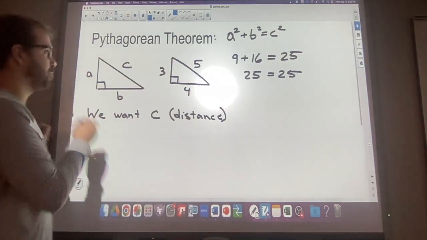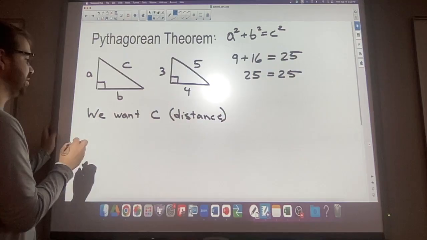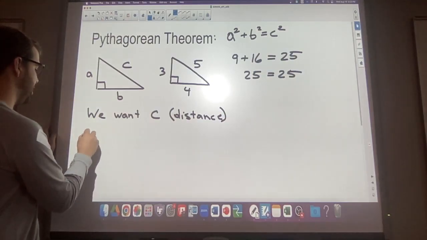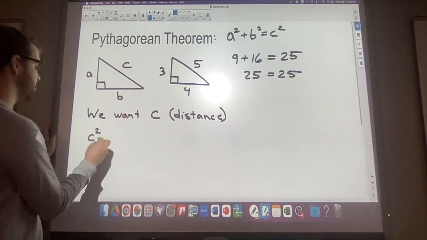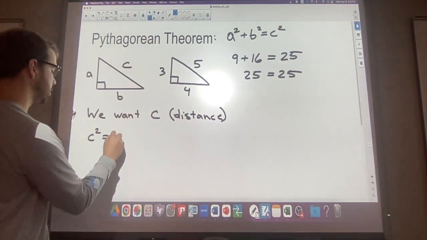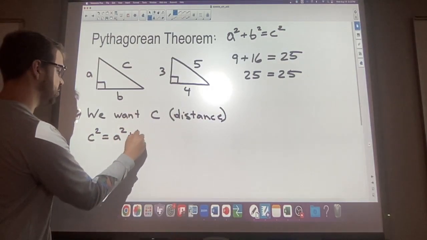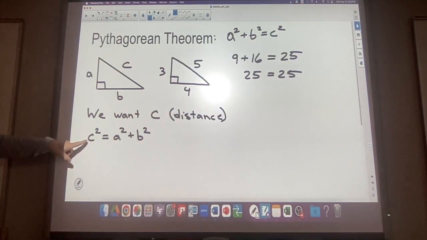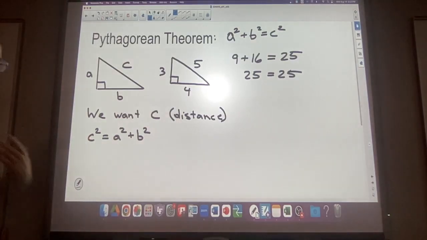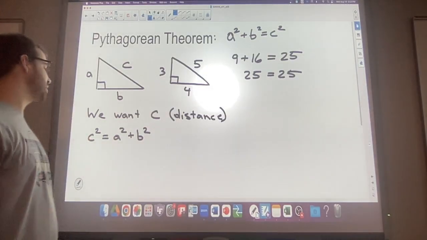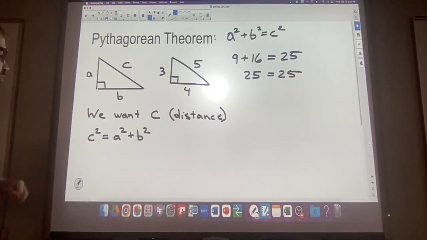Okay, so in order to find C, I'm just going to switch the order here: C squared equals A squared plus B squared. Well, I can get rid of this squared here by doing the opposite. I don't know if you guys have talked about this last year, but the opposite of squaring something is the square root.